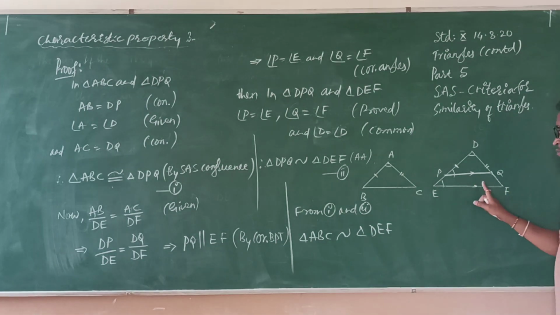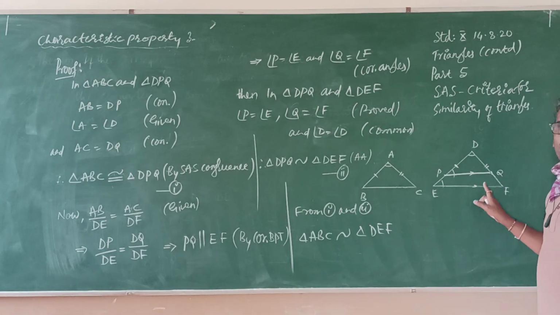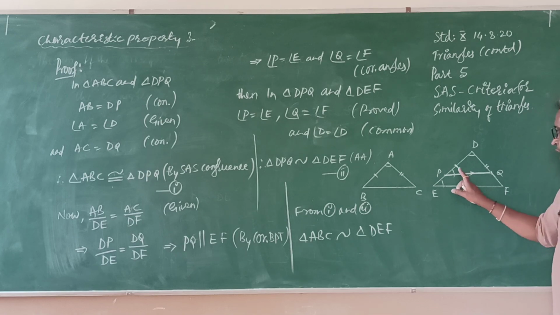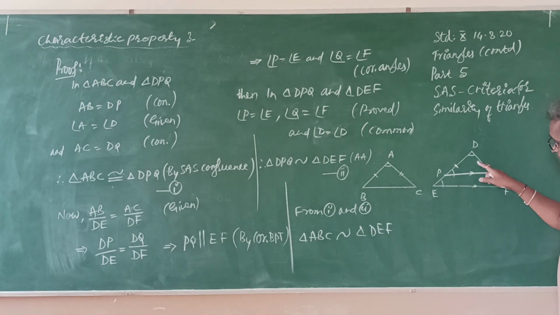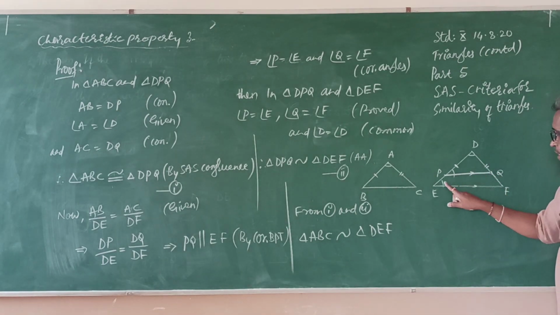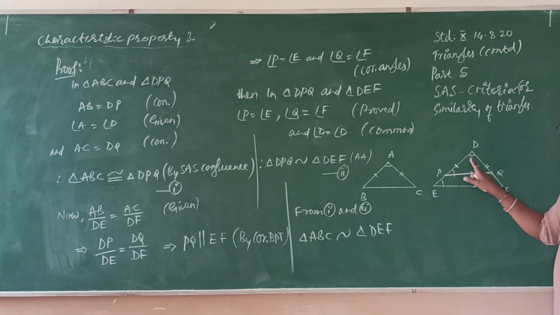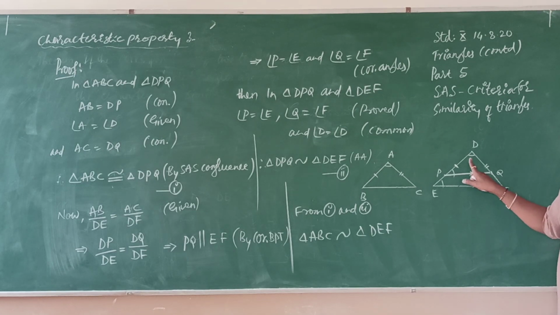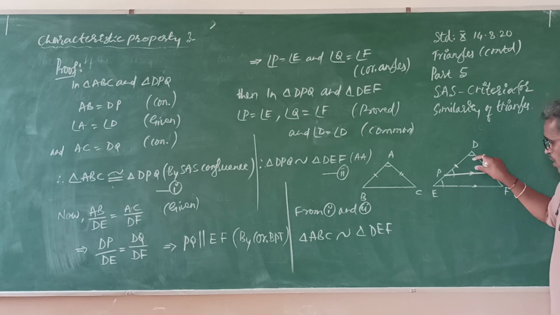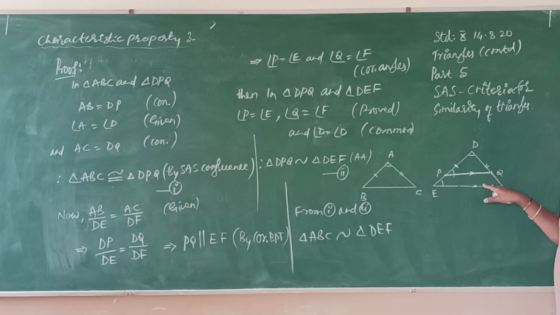So PQ is parallel to EF. Then angle P equals angle E and angle Q equals angle F. Considering these two triangles, P equals E, Q equals F, D is common, so the two triangles are equiangular. By the AA criteria, the small triangle and the big triangle are similar.